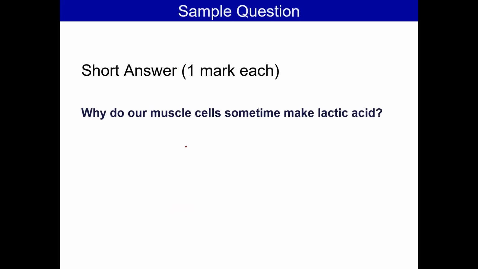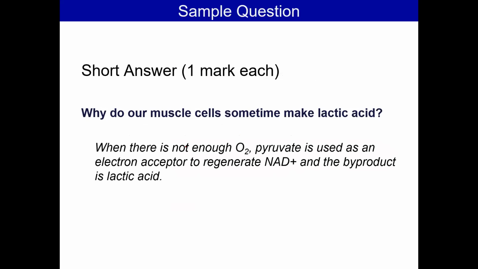I'll show you an answer for this, and I'll tell you this isn't necessarily the only way to get a full mark, but this is the most correct answer, right? Why do muscle cells make lactic acid? They don't have oxygen, so that part is important. It's important to say something about not having oxygen. That would be half a mark for this question. And then the other part, it says pyruvate uses an electron acceptor to regenerate NAD+.